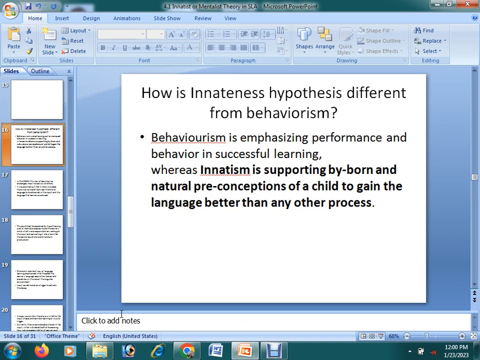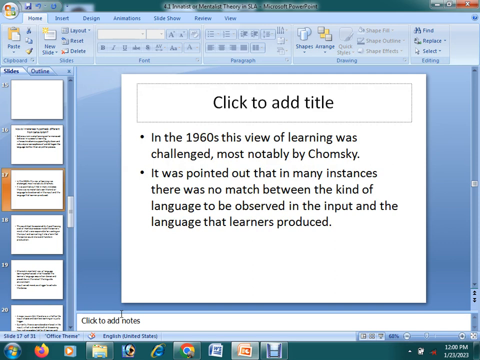Here this theory is challenged. That is, language learning is a sort of behavior, that behavior can be termed as performance, repetition, but this theory is challenged by Noam Chomsky. Chomsky said that yes, if it is a pattern of behavior, then why did the daughter stop producing the sound ka?